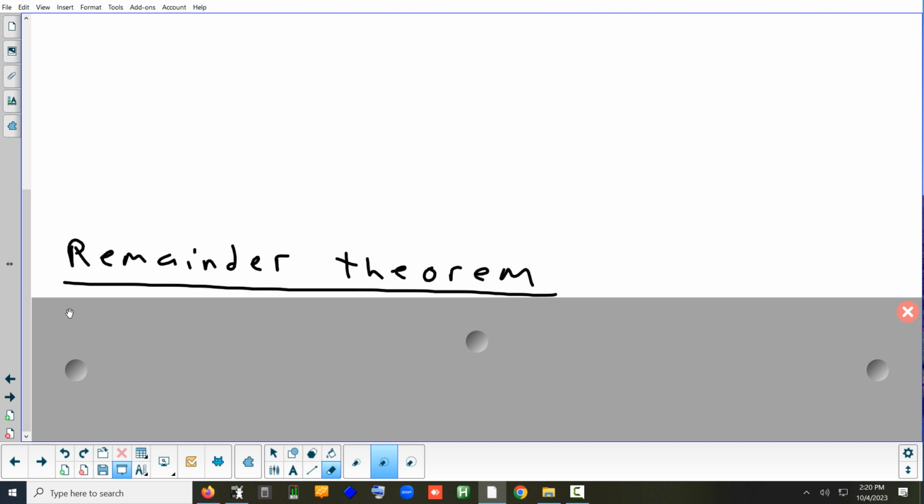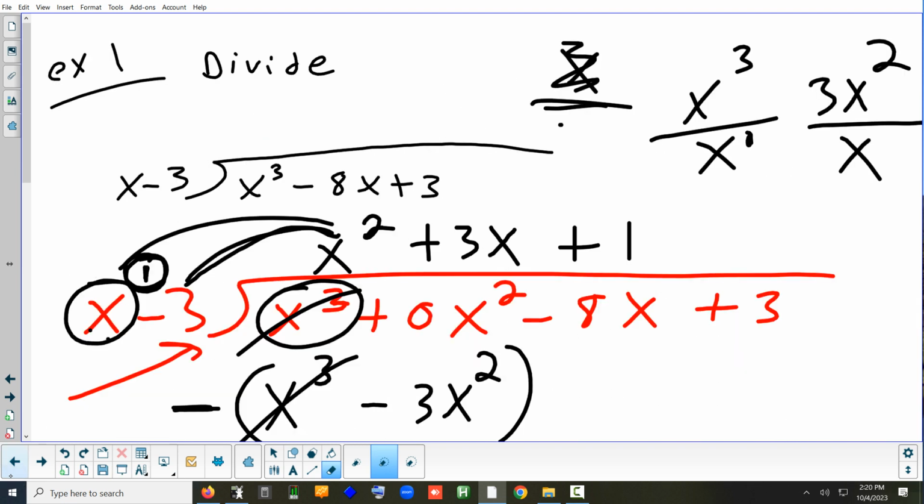This theorem would not work on this problem, but it would work on this one. Let's take the number after the minus sign and fill it in for x here and see what happens. I'm going to do it off to the side, and then we'll do a formal one. So let's plug 3 in for x. You'd have 3 cubed minus 8 times 3 plus 3.